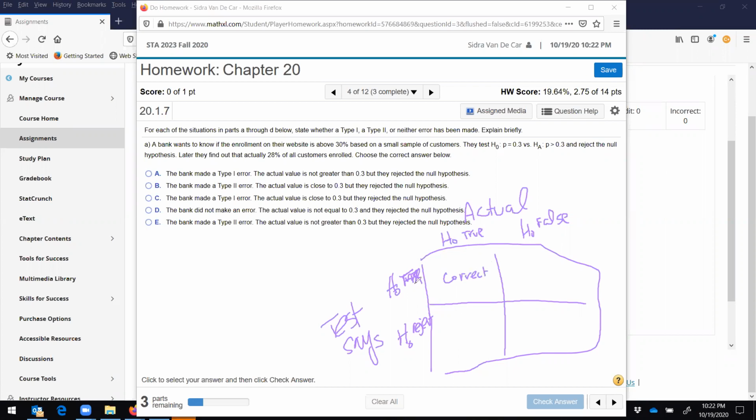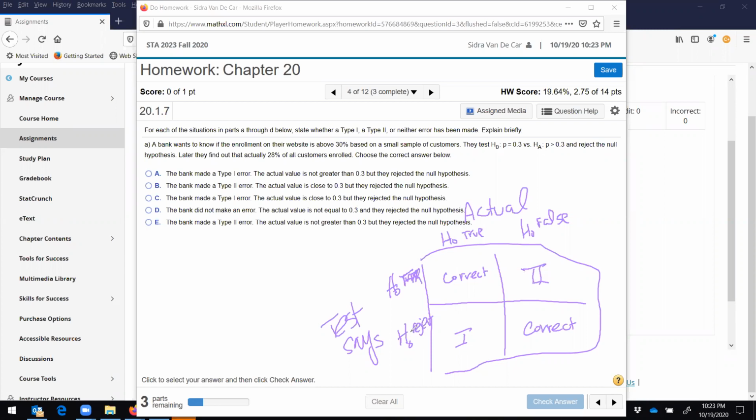And if I fail to reject the null when the null is actually false, I've made an error. If I reject the null when the null is actually false, that's the correct thing to do. And if I reject the null when the null is actually true, that's an error. So these are our type 1 and type 2 errors. If we recall, this is our type 1 error. This is our type 2 error.